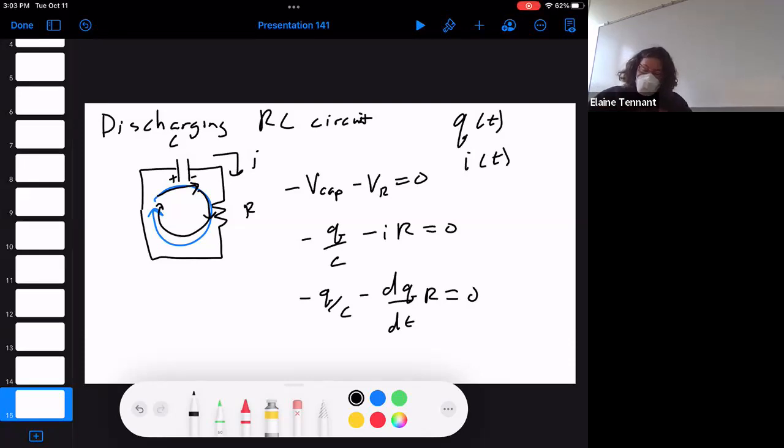Okay, so to properly guess, let's start thinking about what it would look like. So first off, current with respect to time. If I'm discharging the capacitor, that's like the brightness of this bulb when I don't have the battery yet.